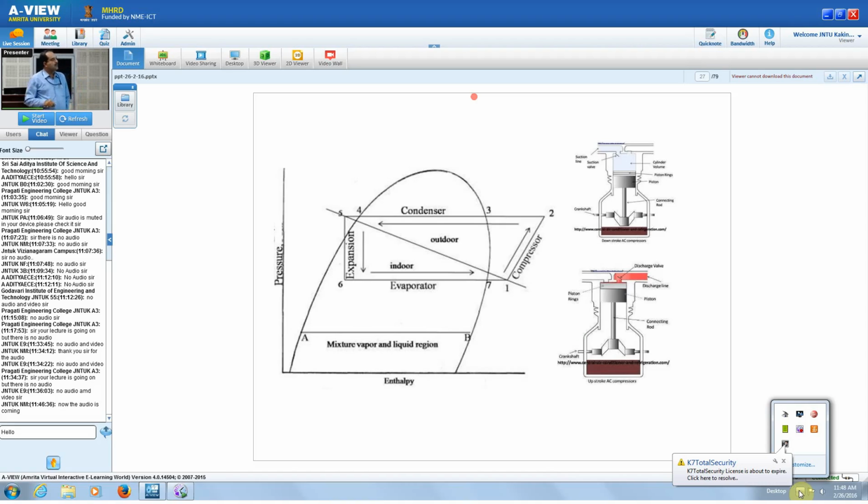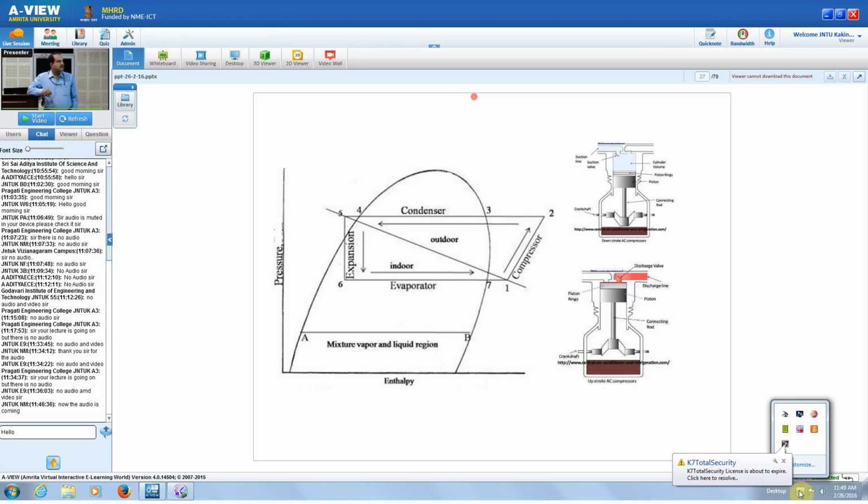So this is the pressure enthalpy diagram. 1 to 2 is the compression process, which we have already seen in the refrigeration unit. Then 2 to 4 is the condensation process. Then 4 to 5, or maybe 5 to 6, is the expansion, and again 6 to 1 is evaporation. Why is this called the pressure enthalpy chart?